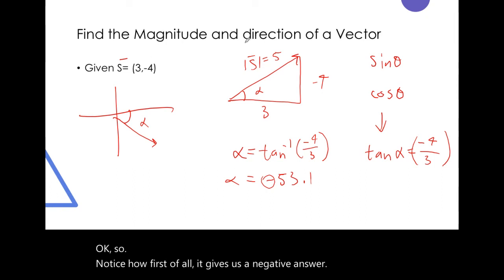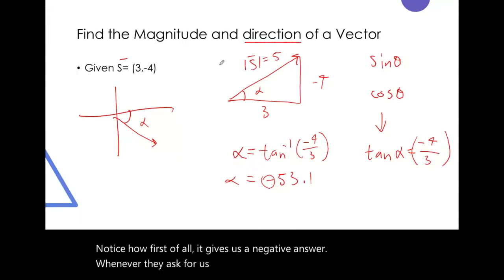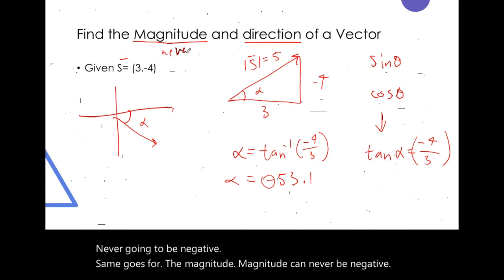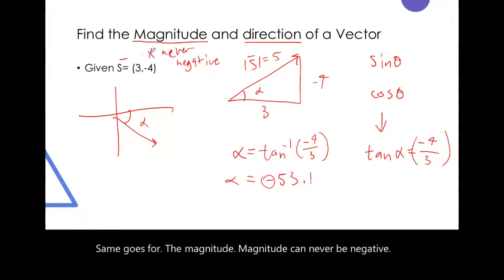Whenever they ask us to solve for the direction, the answer is never going to be negative. Same goes for the magnitude. The magnitude can never be negative. That's key.